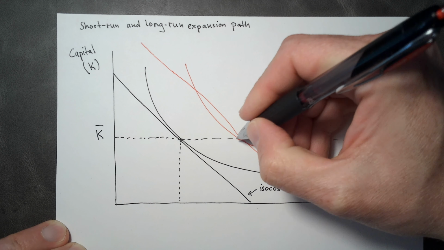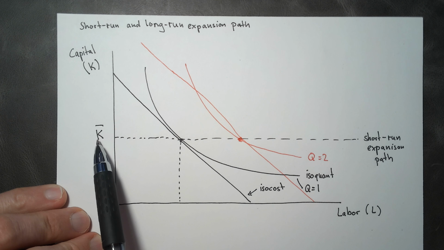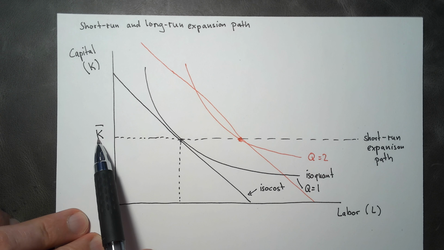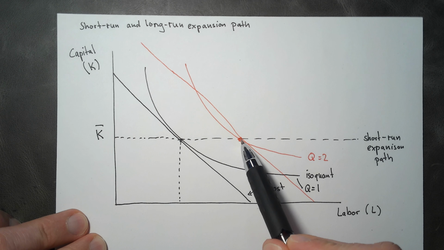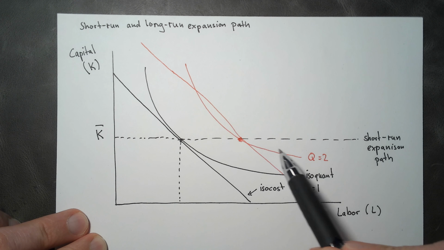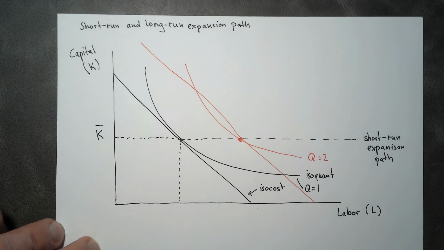at this point is not optimal, in the sense that since K is fixed, or capital is fixed, the point here is not tangent, or the slope of the isoquant line is not tangent with the isocost line.